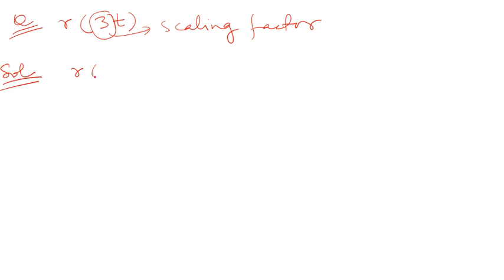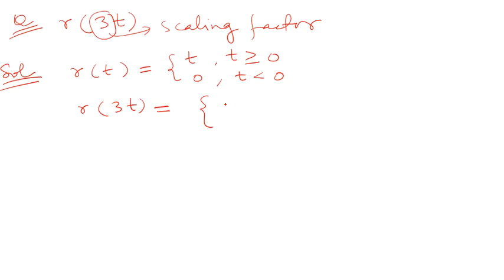This is the mathematical relation for the ramp signal which I told you when we were discussing the ramp signal. So if this is r(t), then for r(3t), what will be the mathematical relation? You simply have to replace t by 3t.